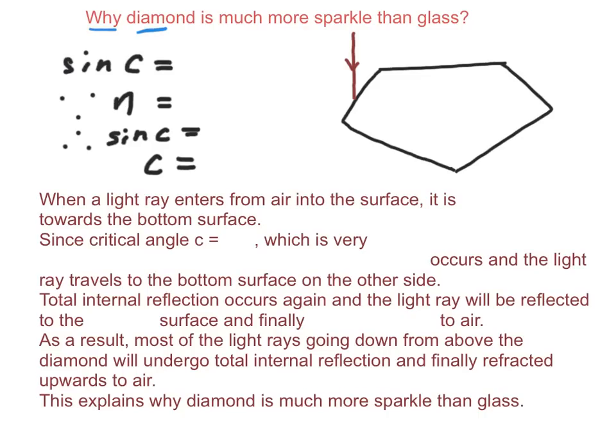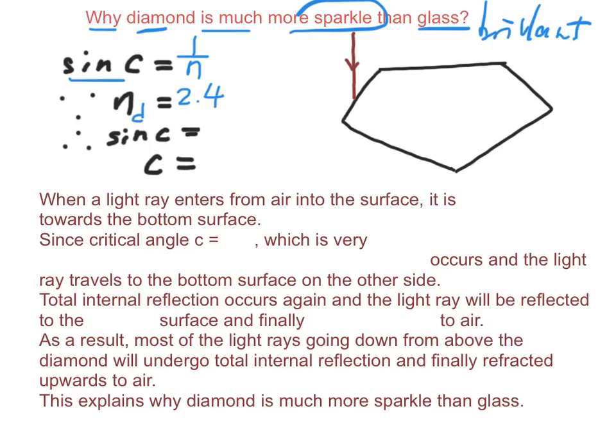Why is diamond much more sparkly than glass? Or we say why diamond is much more brilliant than glass? By sin C equals 1 over n, because the refractive index of diamond equals 2.4, therefore the critical angle for diamond, C_d, equals 1 over n_d equals 1 over 2.4.